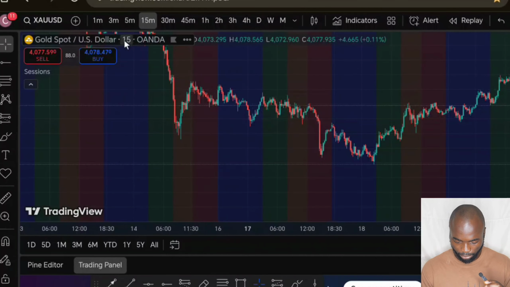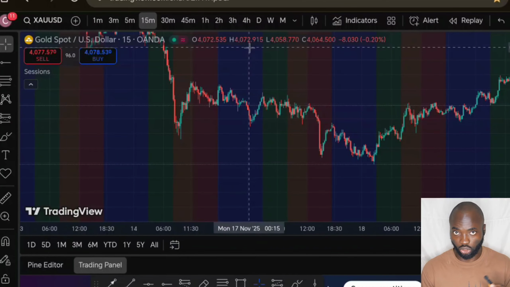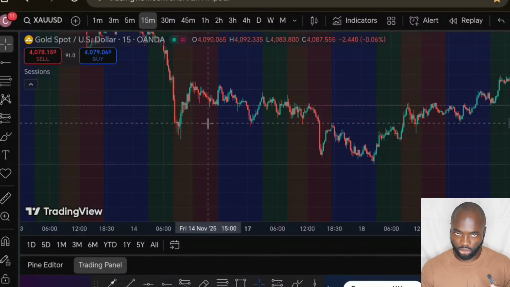So now let's move into the chart. Let me show you some examples. The reason I think this indicator will help you is that it helps you spot those session highs if you trade intraday. It helps you spot those highs easily without wasting time coming to the chart and plotting, drawing your lines and everything.